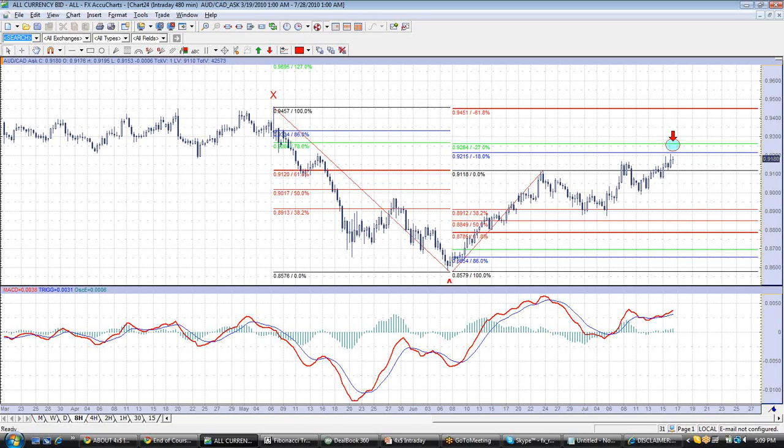Here we have the A, we have a B, we have a C, and the expected D, where price is supposed to reverse and start trading bearish, is here at this convergence, 786 and 127.